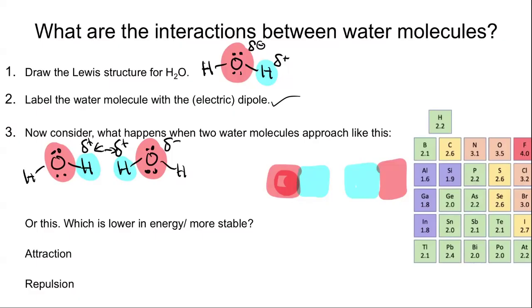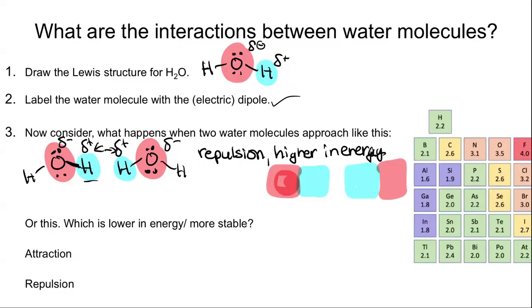Because oxygen is so electronegative, it's pulling the electron density from that hydrogen, giving it a plus. So they'd repel each other, repulsion. And repulsion is higher in energy. They're not going to want to do that because we know systems go towards more stable things, lower in energy.